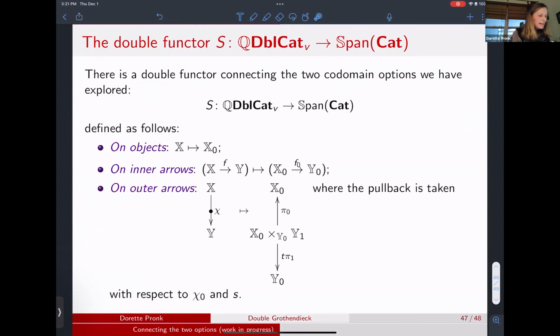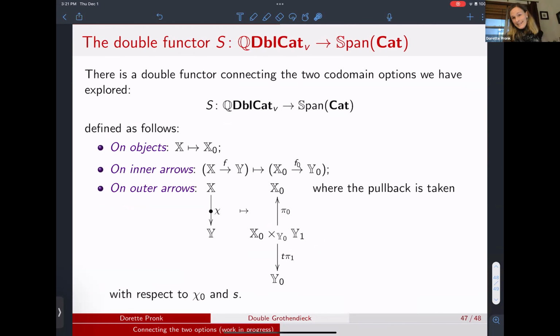Let me just quickly say a little bit. There is actually a double functor from this indexing category to Span Cat. And it's pretty much what, well, if you think about it for maybe a half hour or so, you would come up with it. If you've played enough with span, the main idea is really to take this guy in the middle.